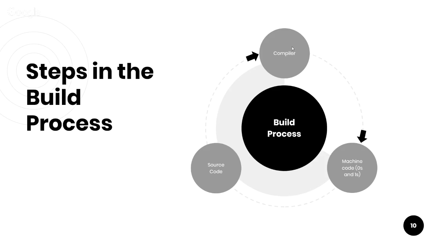Now, machine code is just zeros and ones. Just zeros and ones. If you see a sheet of machine code, it's just 0001111000101 and so on. This is what computers actually understand, and this is why they're so fast.